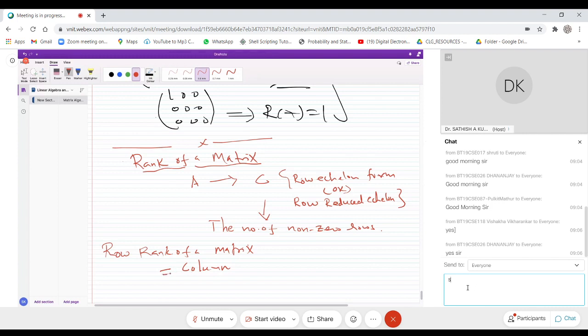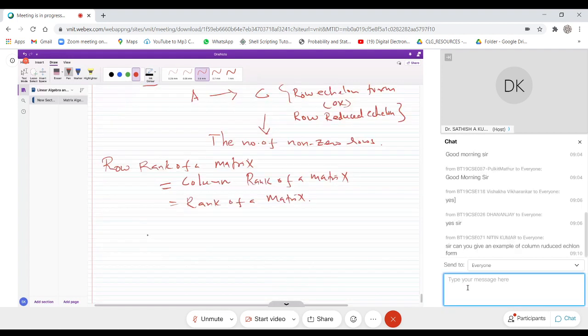So the row rank of a matrix will be the same as the column rank of a matrix, which will be the same as the rank of a matrix. Okay. So it doesn't matter. So with this outline we'll define it.